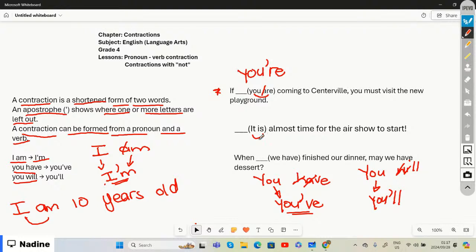Keeping in mind the pronoun stays the same. So it is. If we were to shorten that word, it is, what would the word be, or how will we be able to write it?